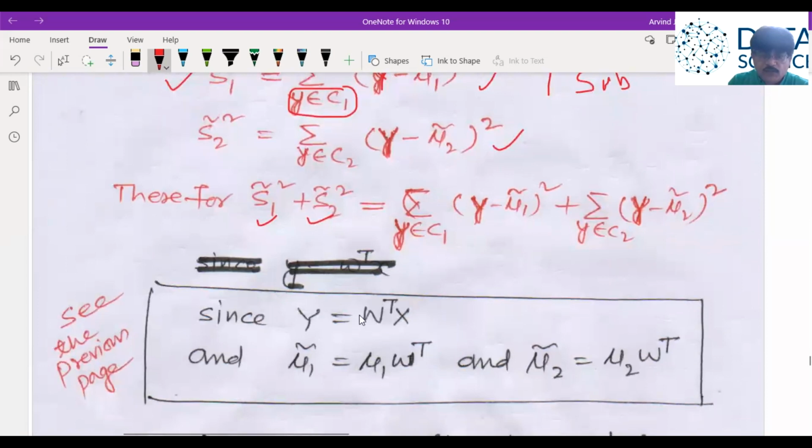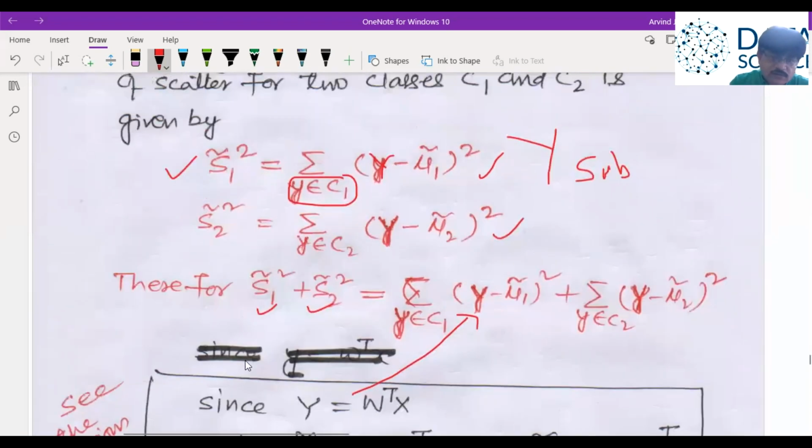And since we know that Y is equal to W transpose X, and projected mu1 is equal to W transpose mu1, and projected mu2 is equal to W transpose mu2.